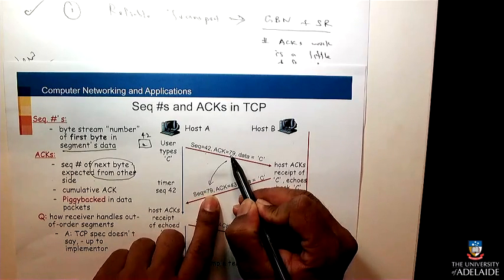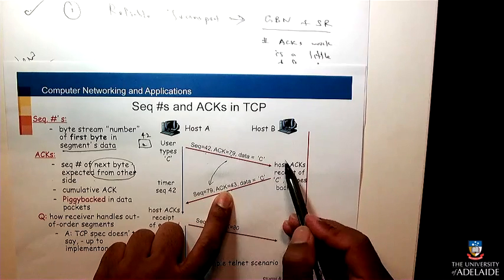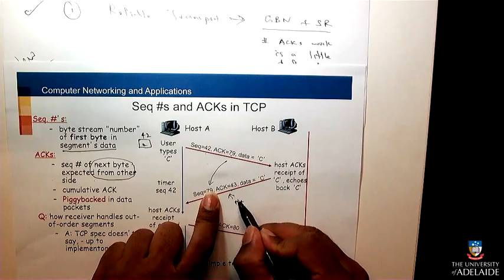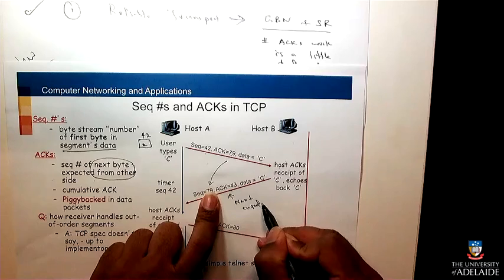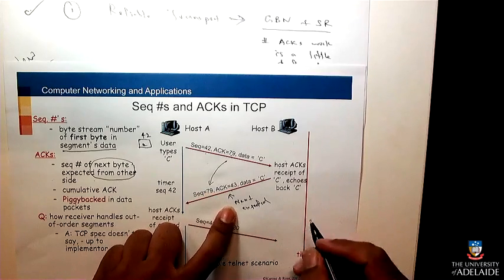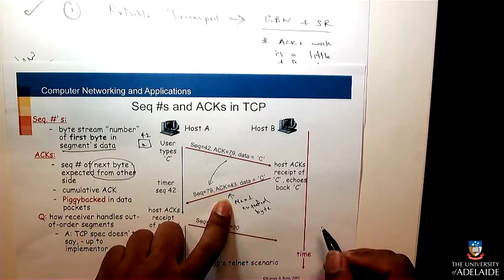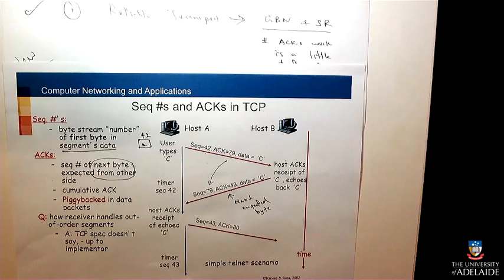So that's the sequence number I'm sending. And I'm acknowledging 43 because I've just received 42, so the next expected byte is 43. Remember, I'm always acknowledging the thing that I'm intending to receive.